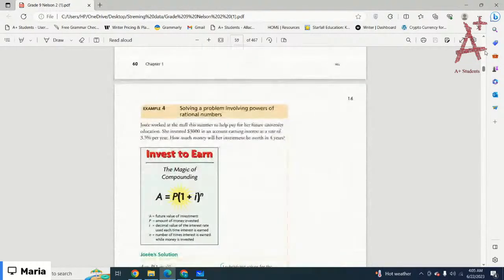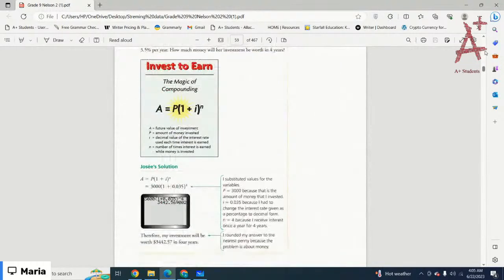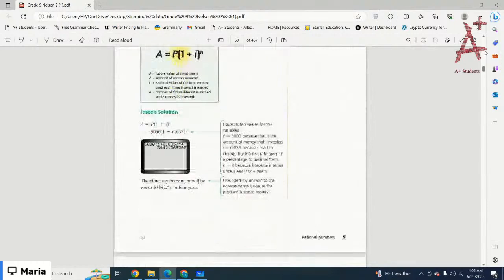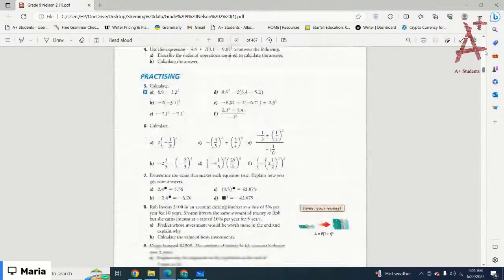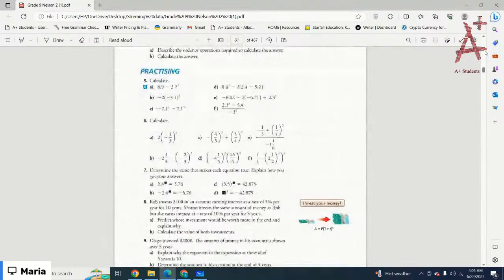Okay, let's just move on to practice questions. Let's just start with question number 5, that is calculate 8.9 minus 3.2 square.